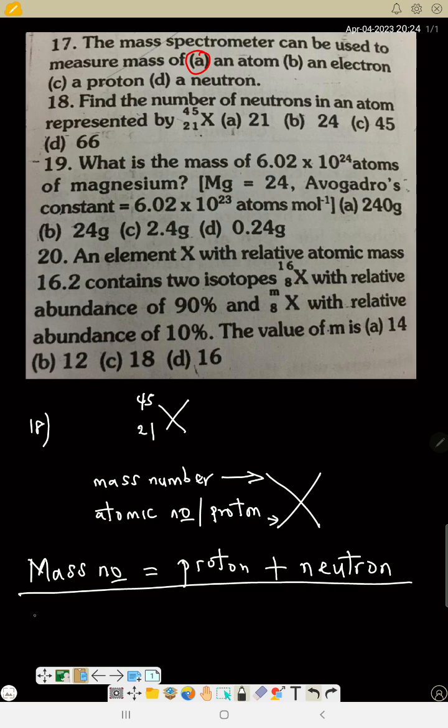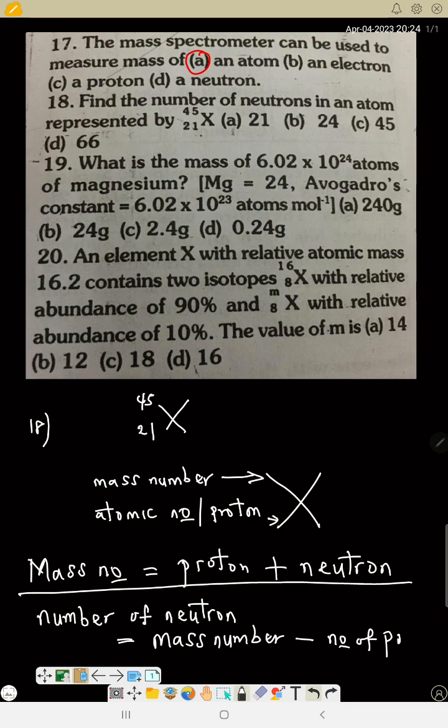So now what is the number of neutron? Number of neutron will be equals to mass number minus number of proton. That is, take this one to the other side. So we are looking for neutron. So number of neutron is mass number minus number of proton.